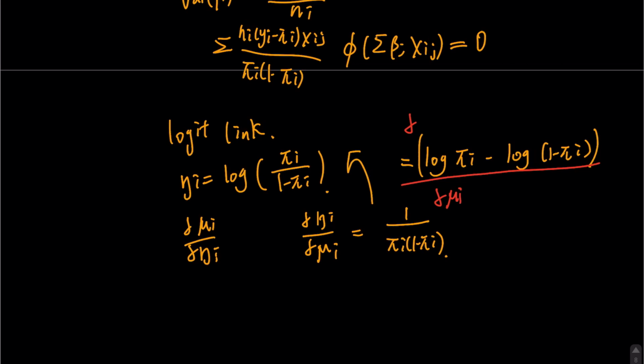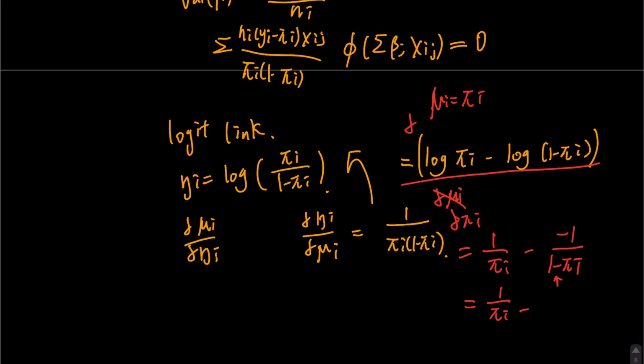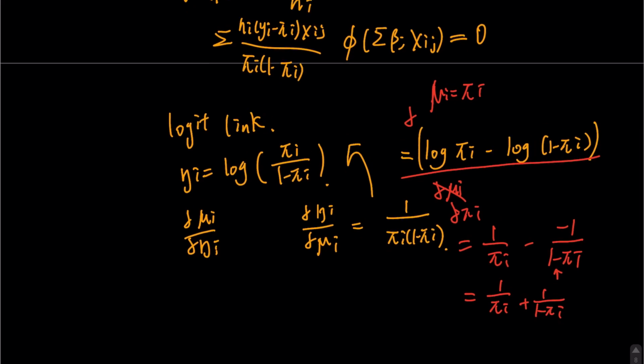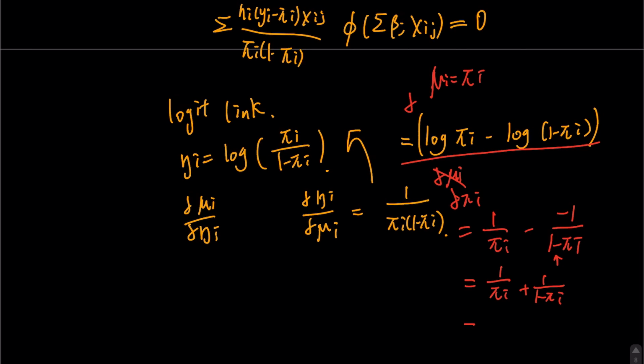so if we do d of this over d mu_i, in binomial mu_i is equal to pi_i, so that's why we're essentially doing d pi_i, and that's going to be 1 over pi_i minus 1 over (1 - pi_i), and another layer of negative sign because of the negative in front of pi_i, and that is 1 over pi_i plus 1 over (1 - pi_i), and that's exactly what we have here, pi_i times (1 - pi_i).